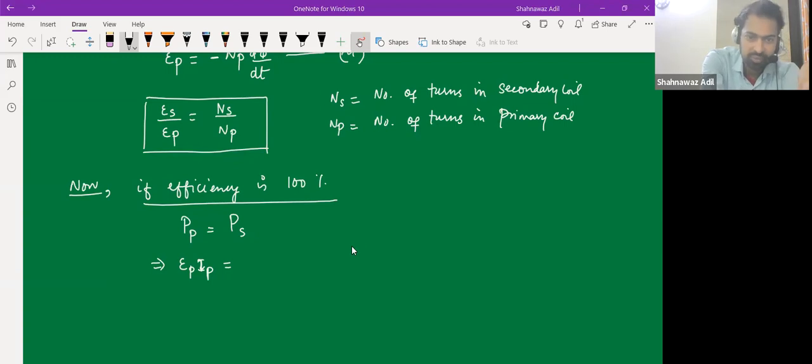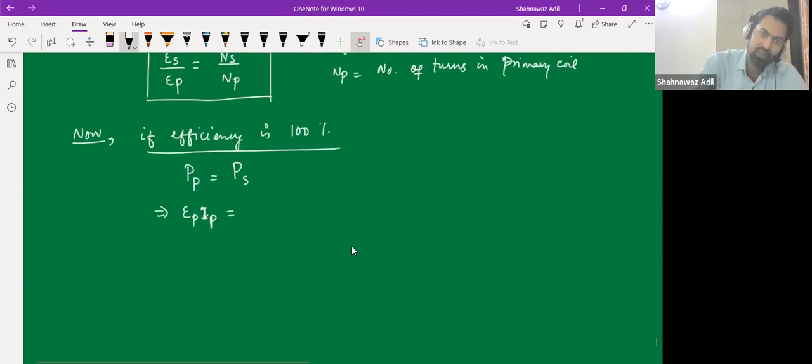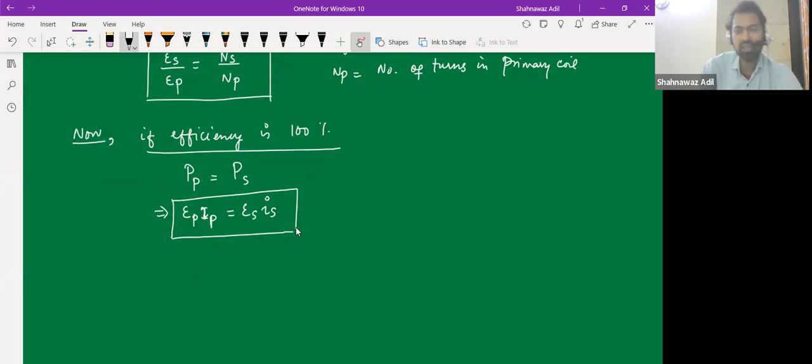So then this would be equal to ES and I, right? So this is another condition. Now we have two conditions. One condition is ES by EP equal to NS by NP, right?